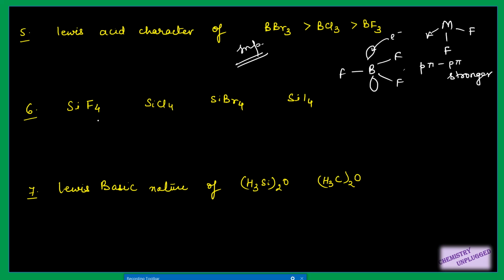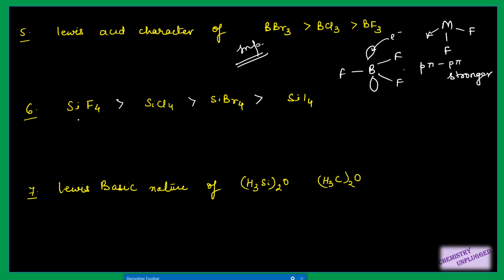But if you are talking about the other halides, there is no such back bonding, so the acidic strength follows our normal concept: as electron withdrawing groups are attached to the molecule, acidic strength increases. Okay, a similar thing can be observed for other halides, like germanium and tin halides.